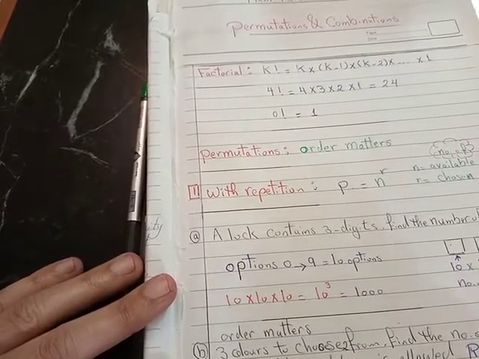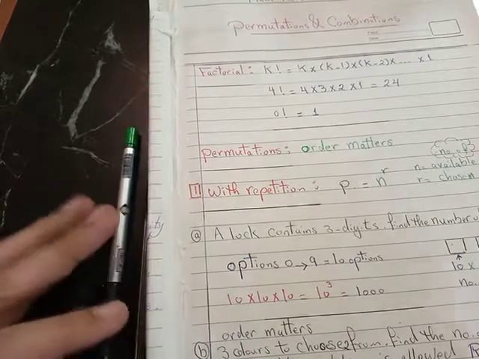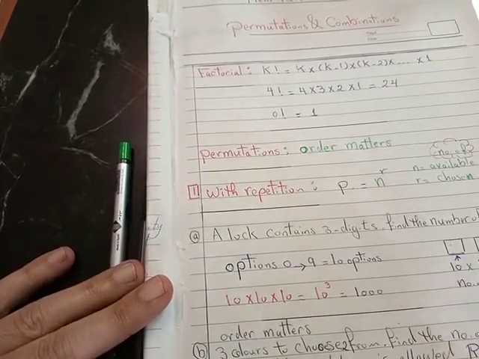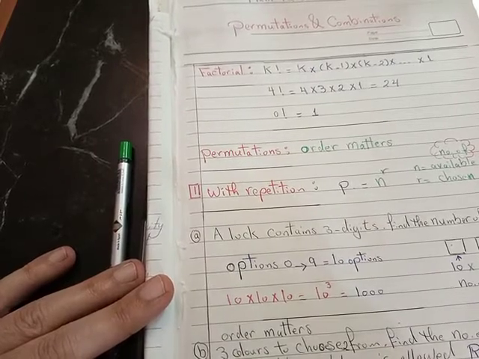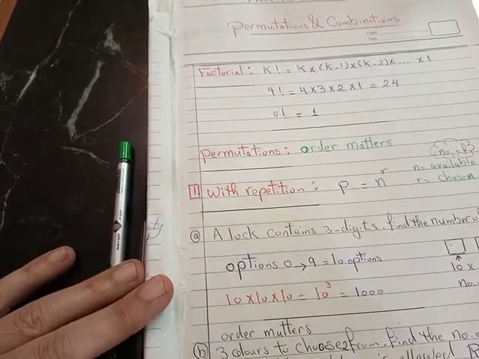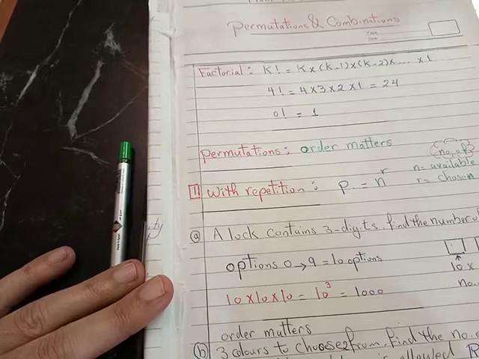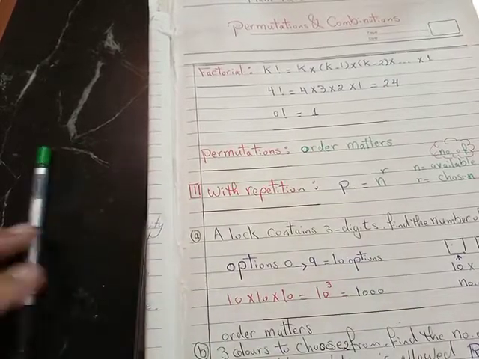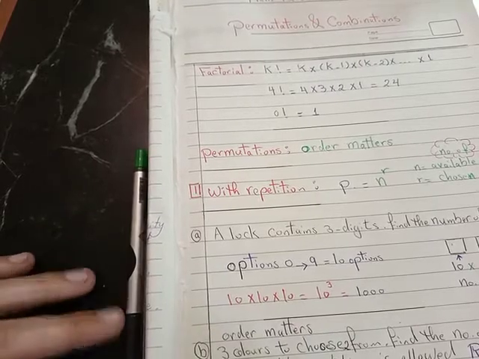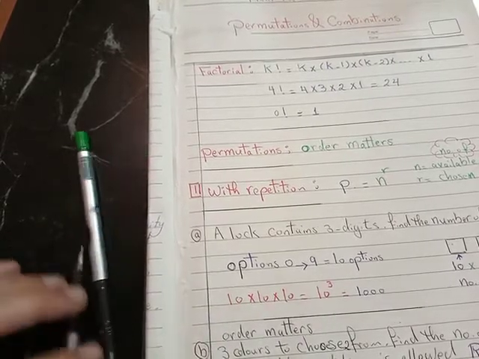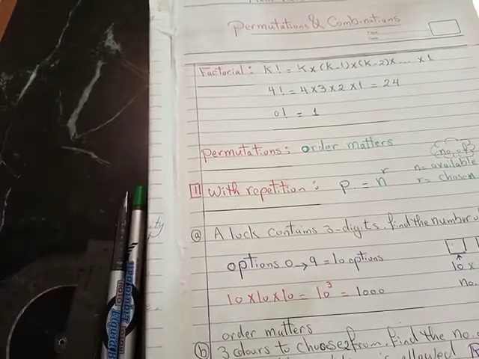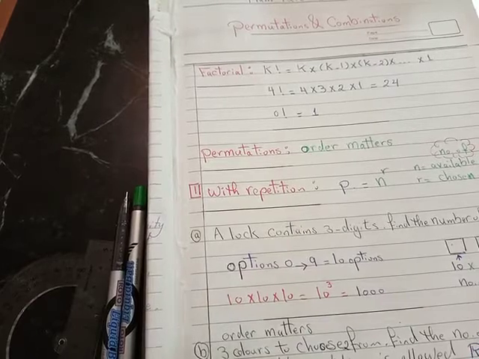And the number of chosen options is 2. We are choosing 2 colors from these colors. So the rule says permutation in this problem will be n to the power of r, which is 3 to the power of 2, which is the same answer, 9. We usually use the rule if it is hard to list all the possible ways. Sometimes listing all the possible ways is too much to do manually, so we can use the rule and save time.